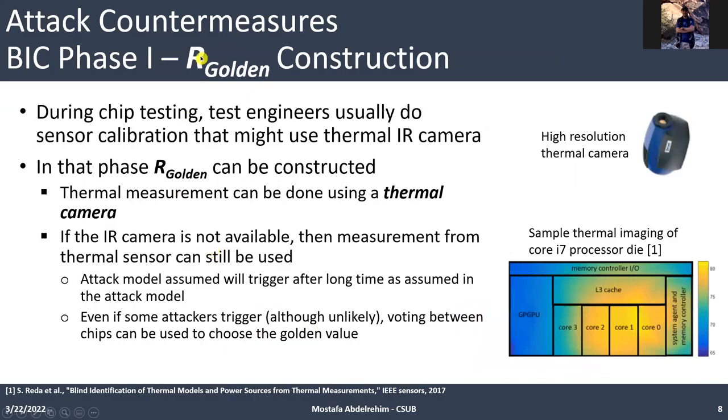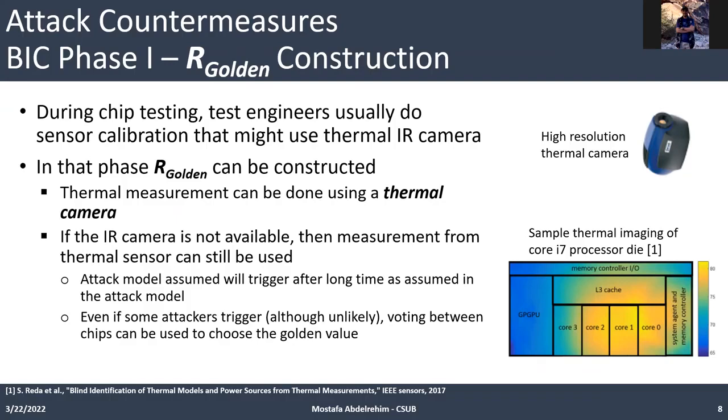Here is the first phase, our golden construction. And we said that in our attack model, the attack is assumed not to be triggered for a very long time, to avoid being detected during the testing of the chip in the factory or in the design company.